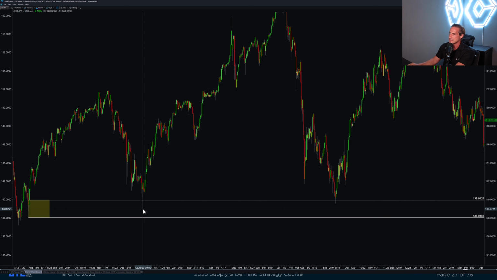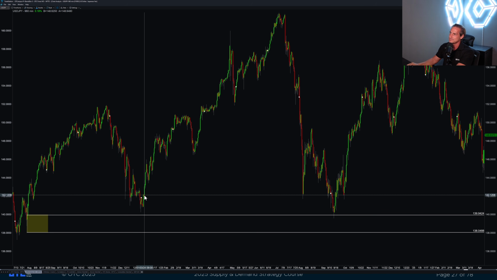But since there is just a very shallow touch, and on top of that, price rallied away in such a strong fashion and never came back again, almost like a rocket ship, not stair-stepping up, but straight up.